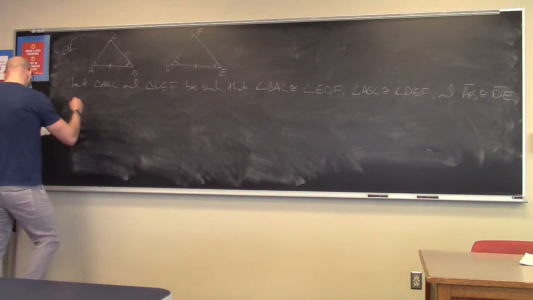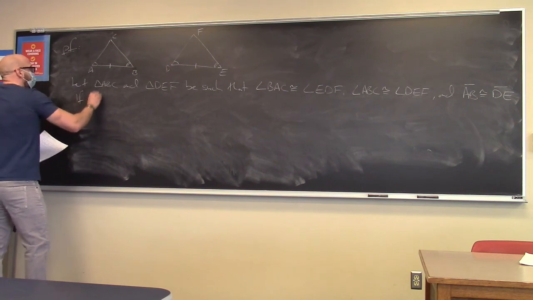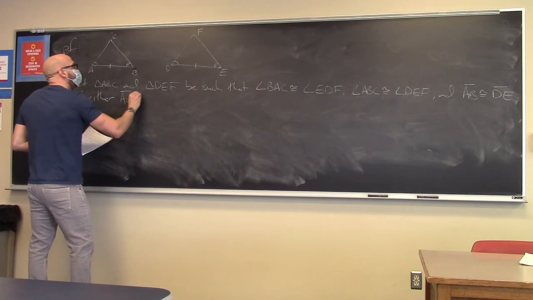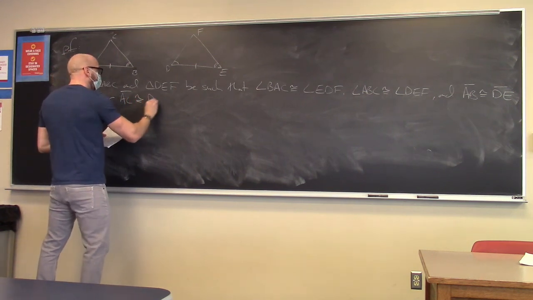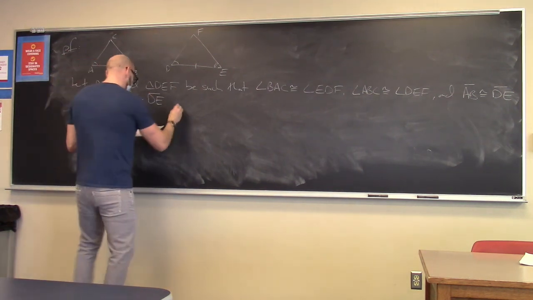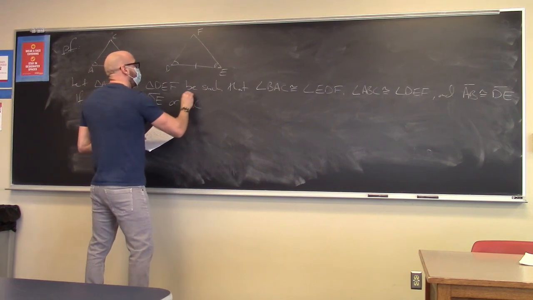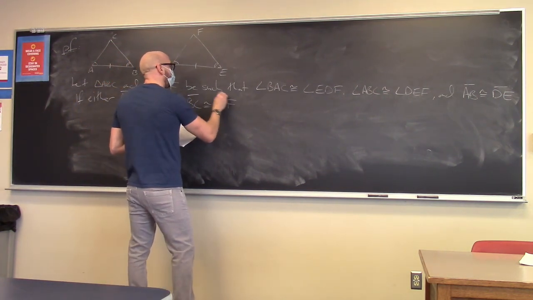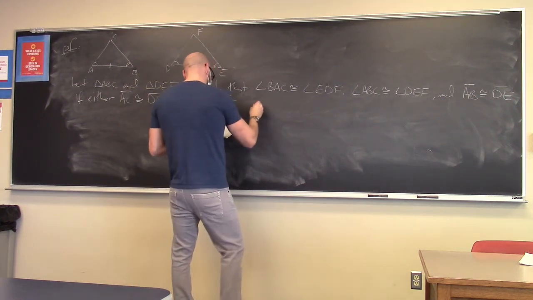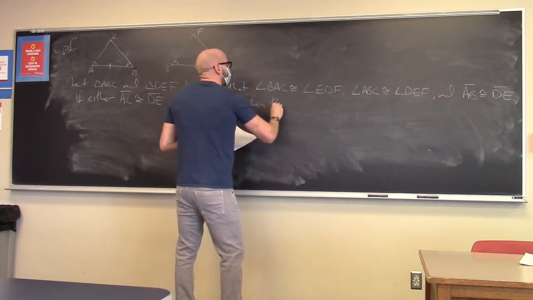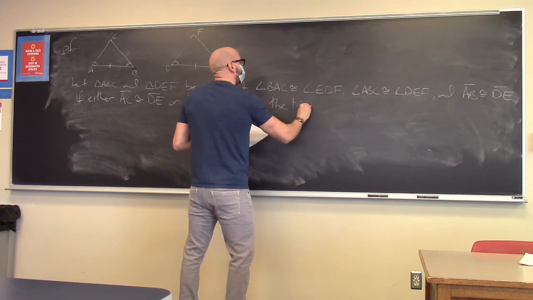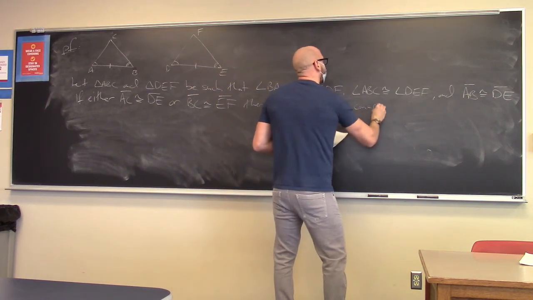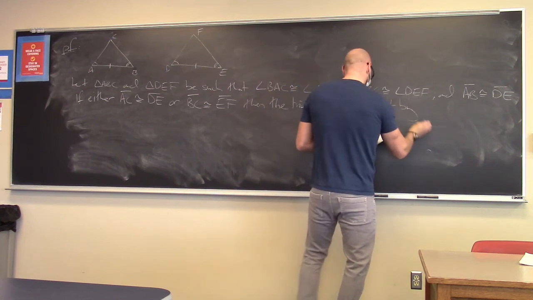So if either AC is congruent to DF or BC is congruent to EF, then the triangles are congruent by SAS.